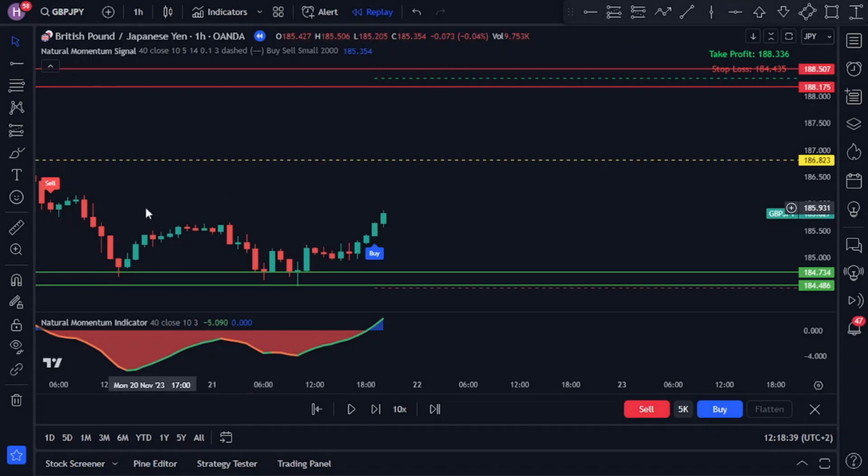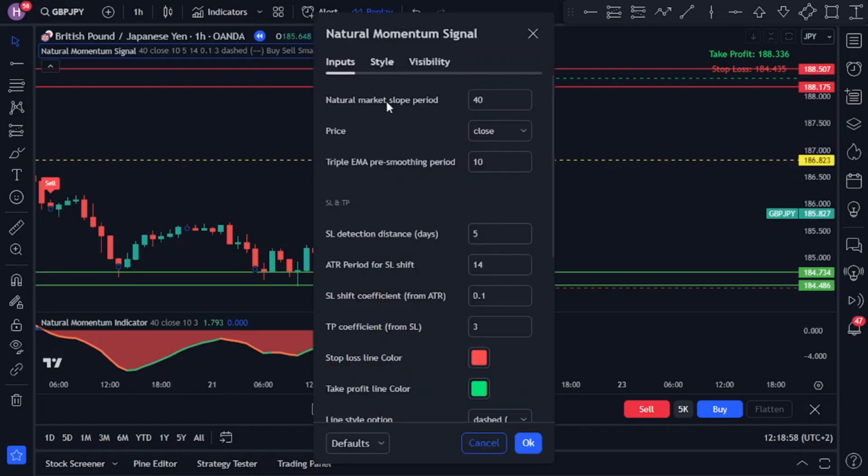Next, let's explore the internal workings of the indicator by looking at an example. On the chart, we have the British pound against the Japanese yen in the hourly time frame. Now, what you might have noticed with the different examples is that in the background, the indicator is employing an advanced filter.